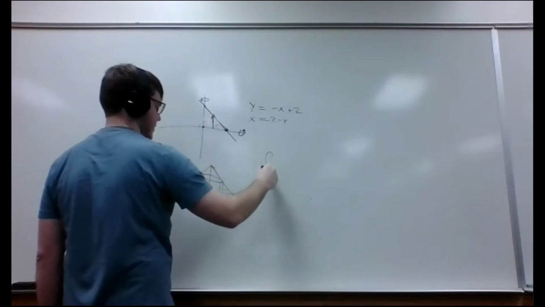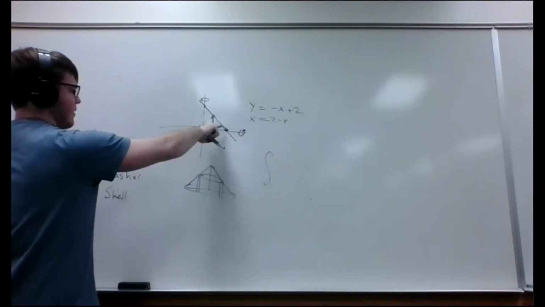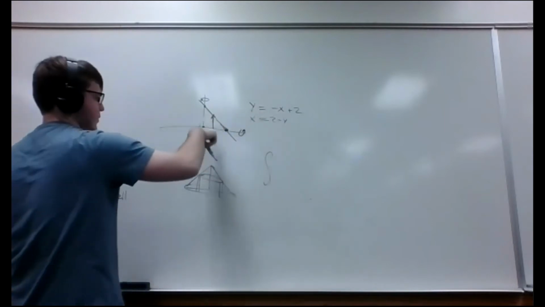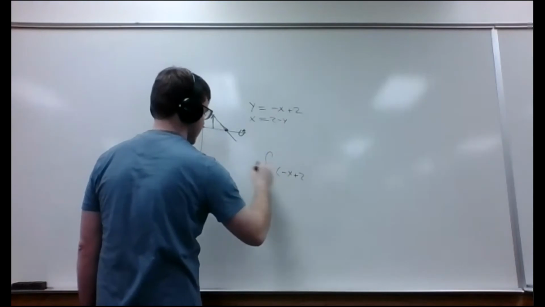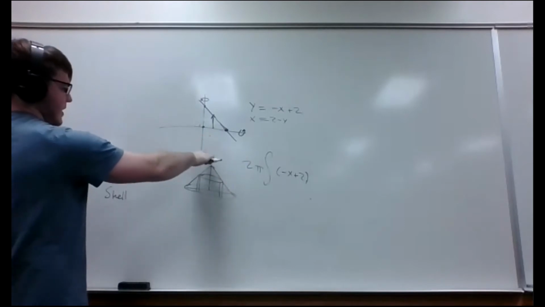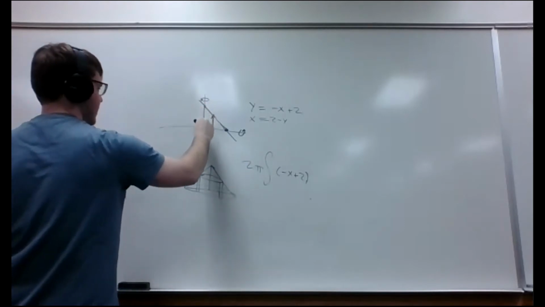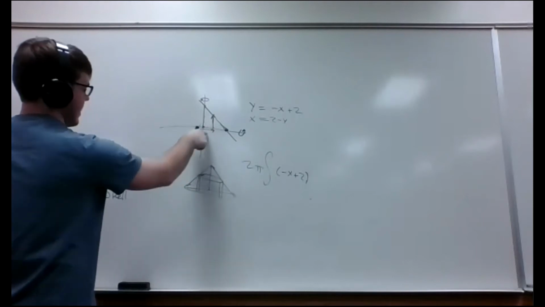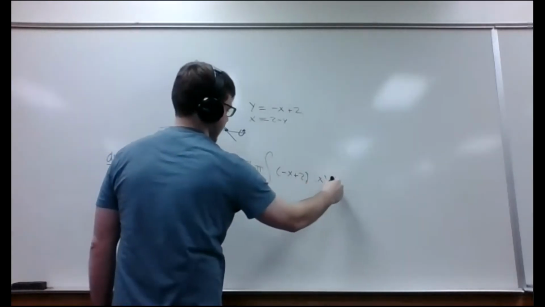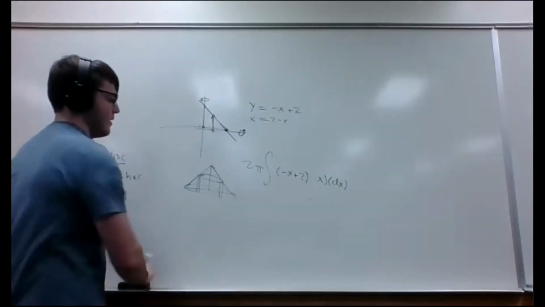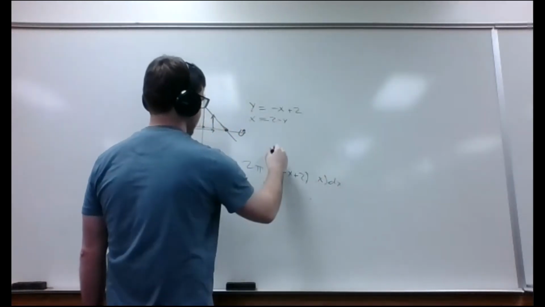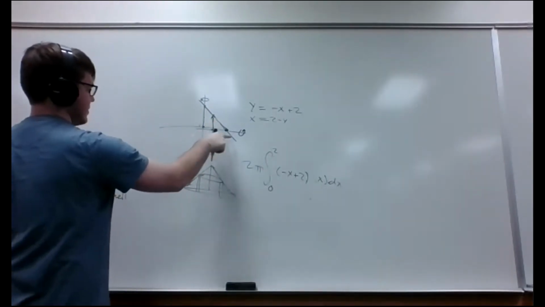So it's the integral of our height, which in this case is going to be our y value. It's going to be negative x plus 2. Oh, we can't forget our 2 pi out front. And then it's going to be our radius, which in this case is just going to be x. And then we're going to times that by a little teeny tiny chunk in thickness, or dx. And this is also going from 0 to 2.